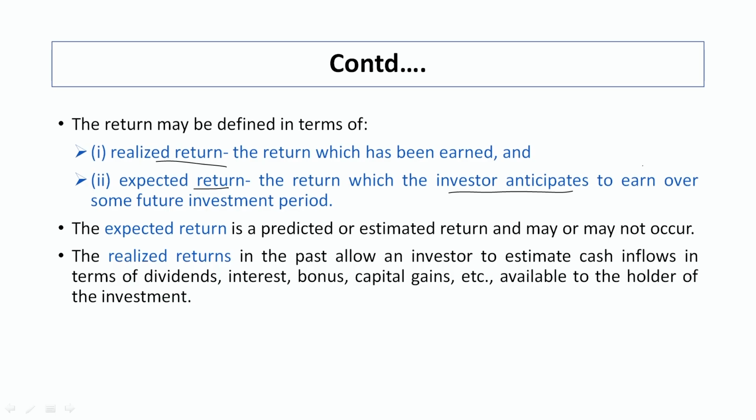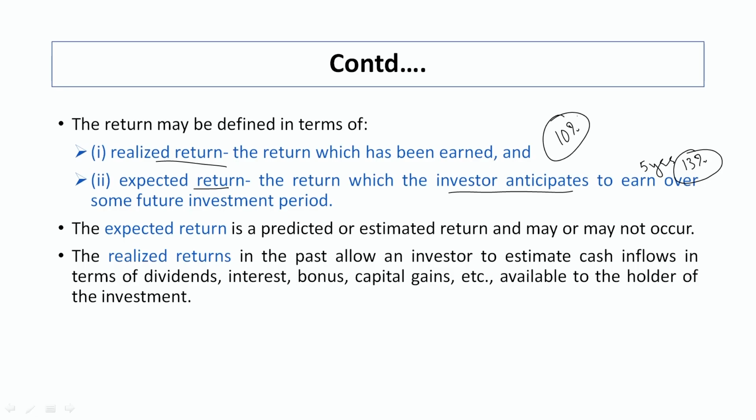Suppose I am investing for 5 years, so what is my expectation from that particular instrument, that is suppose it is going to give me 13% return. So that is the expected return, and realized return is whatever the financial instrument has earned till date before my actual investment. Suppose it has provided us 10% return.